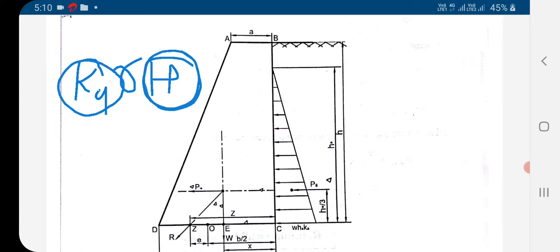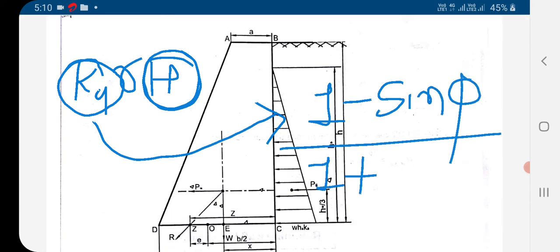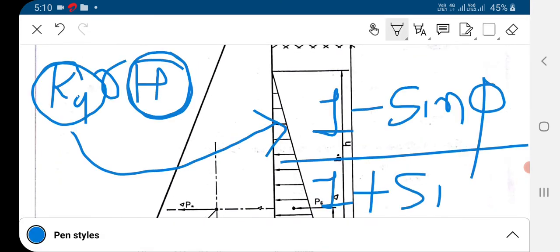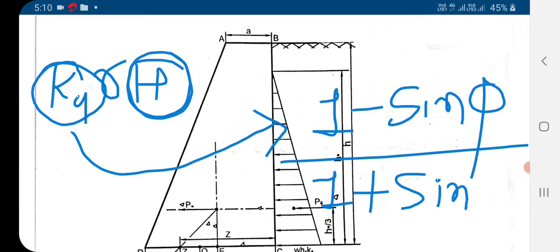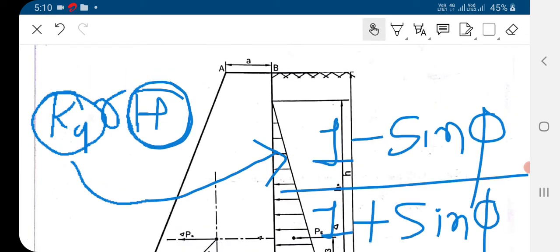Ka is the coefficient of active earth pressure, and it will be equal to (1 minus sine phi) upon (1 plus sine phi). How these equations are derived, that you have to study in soil mechanics.